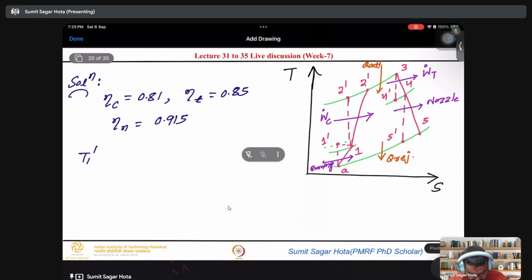T1 dash is equal to TA plus V1 square by 2Cp.